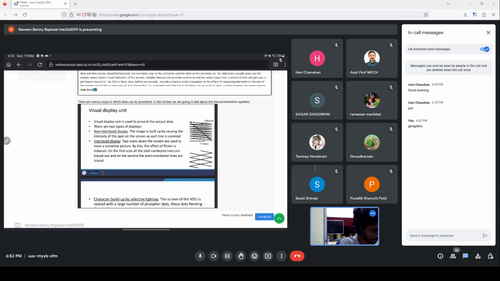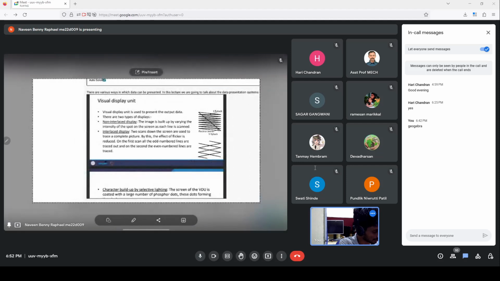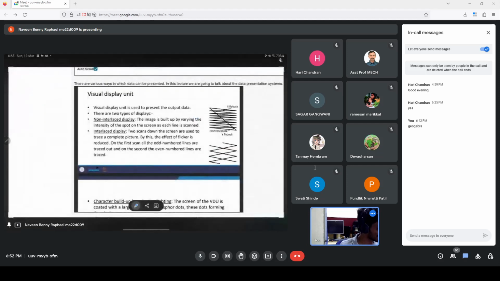One cathode ray tube gives a point, and with time we can make it go to different points on the screen. They decided this is the best way to do it.